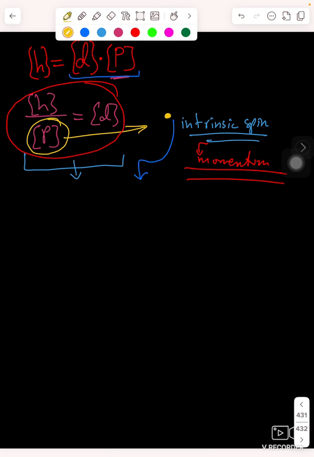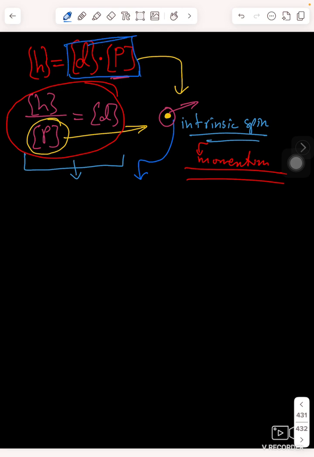This is the Compton effect, and it can be used over here. If this particle has an intrinsic spin, which is of course angular momentum, then this equation is nothing but angular momentum, where d is the radius, a certain amount of distance moved, and p is the momentum.